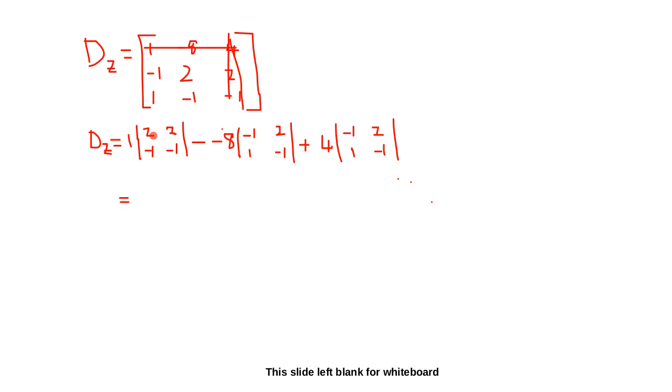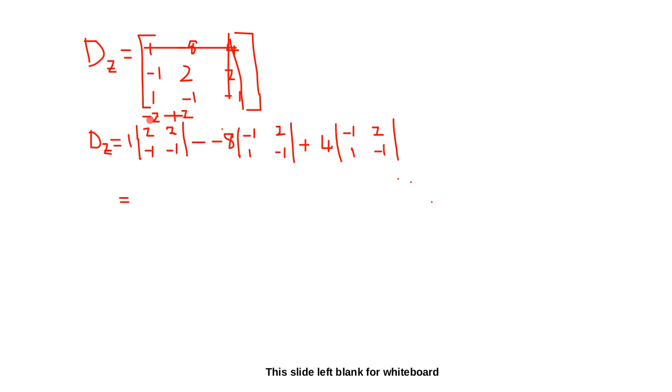So this will be equals to -1 times 2, that is -2. Then minus, now -1 times 2, that is -2. So again, a negative and a negative becomes a plus.